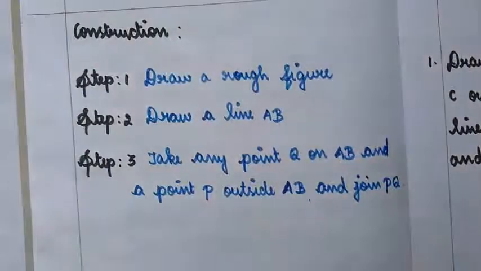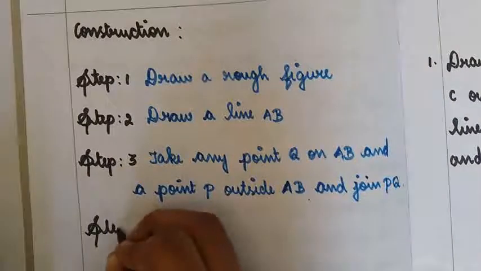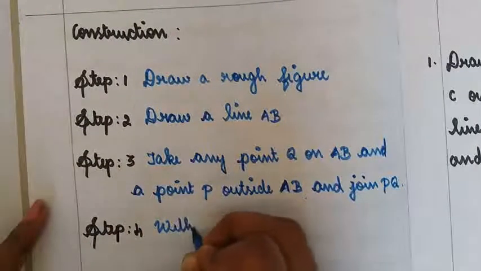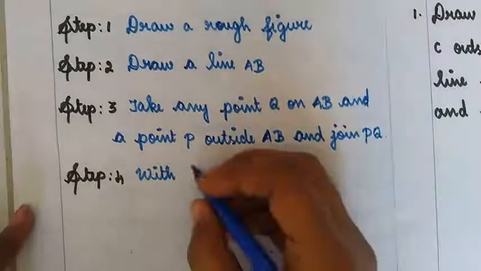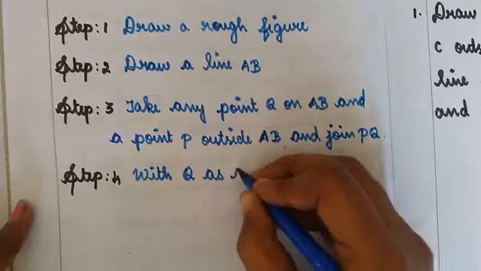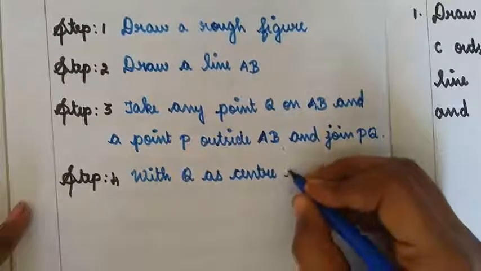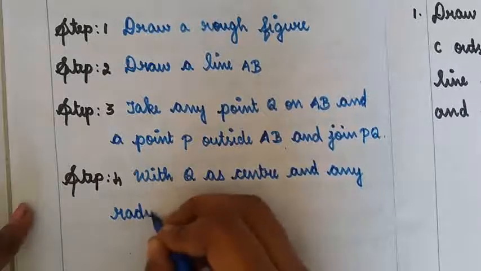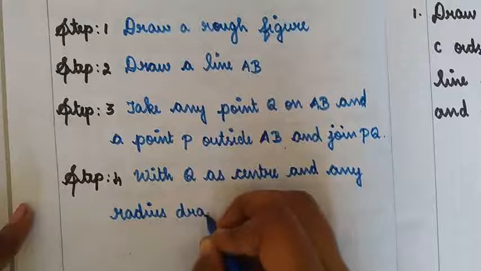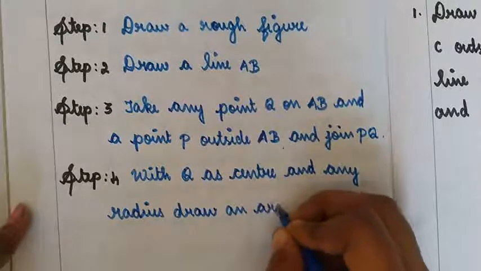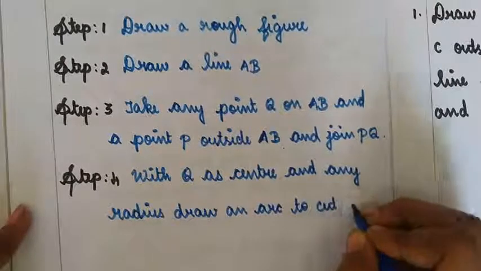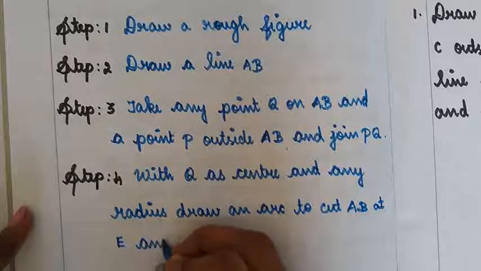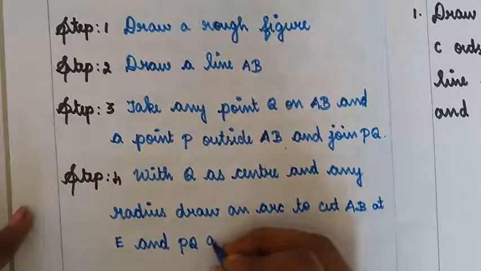This is step number 3. Next, step number 4: with Q as center and any radius, draw an arc to cut AB at E and PQ at F.